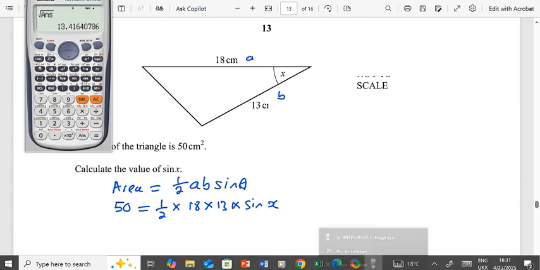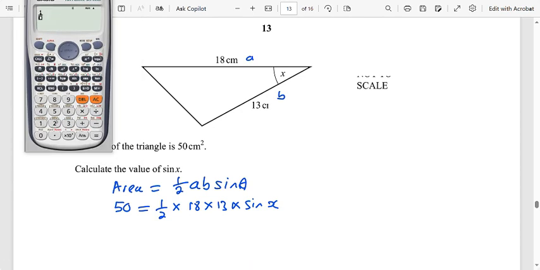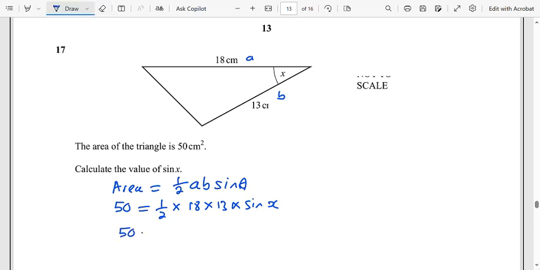Then if we are to use the help of our calculator, we're going to have half times 18 times 13, which gives me 117. So 50 is equal to 117 sine x. So we divide both sides by 117.